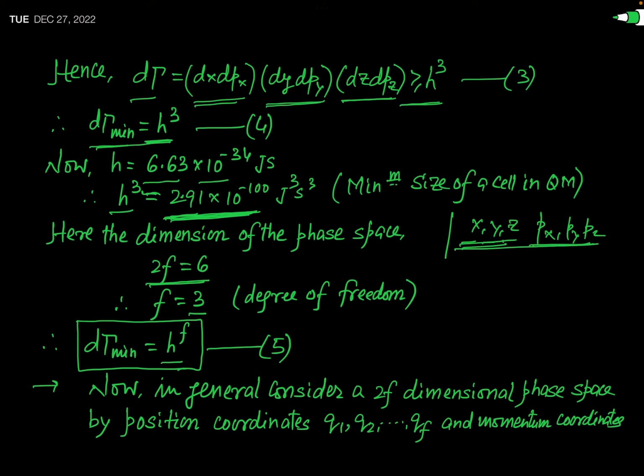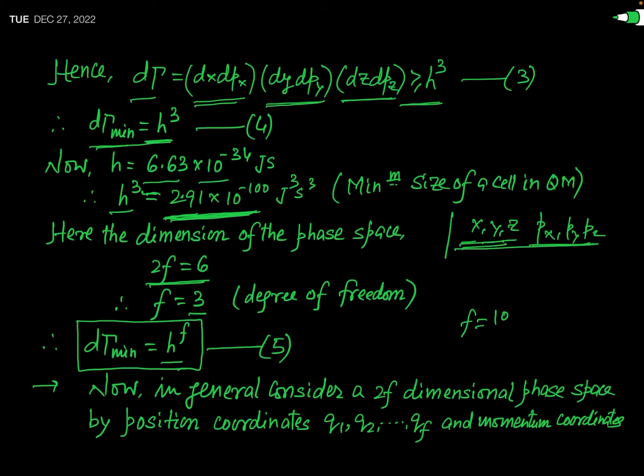So if the degree of freedom of a system is, let us say, 5, then the minimum size of the phase cell will be h to the power 5. If the degree of freedom of a system is, let us say, f equal to 10, then the minimum size of the phase cell will be h to the power 10.